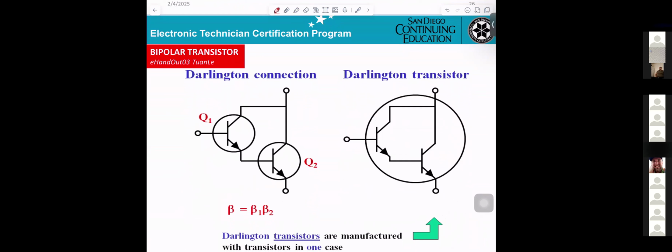That's telling you only one thing: if you want to get more current, you use the Darlington circuit. I'll give you an example: you get beta 100, beta 200, so 100 times 100, so the gain will be very big.